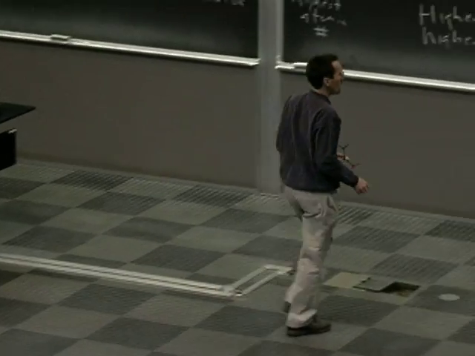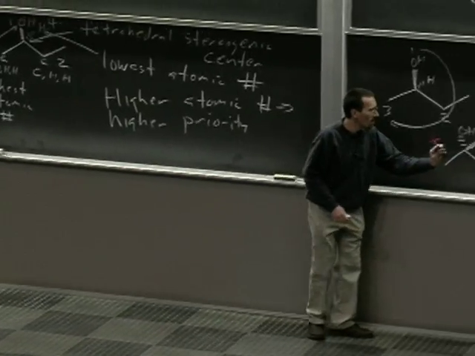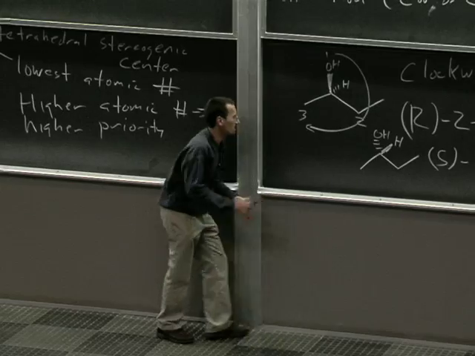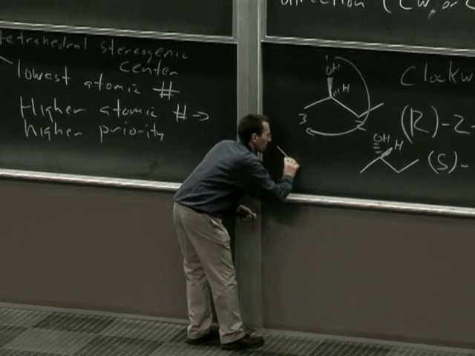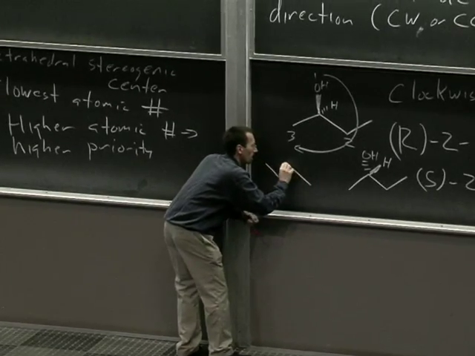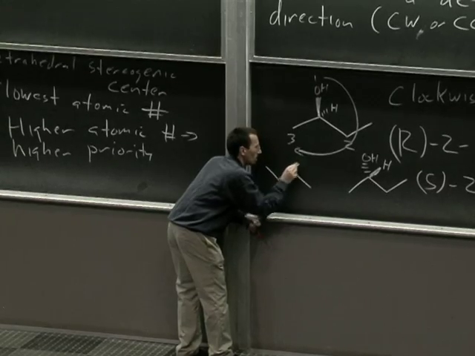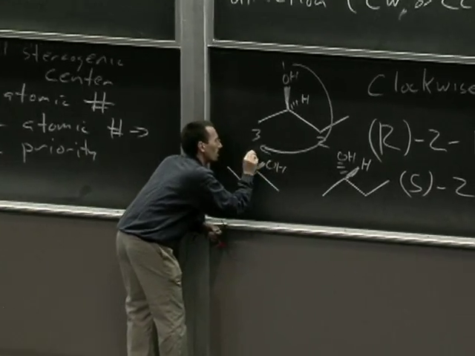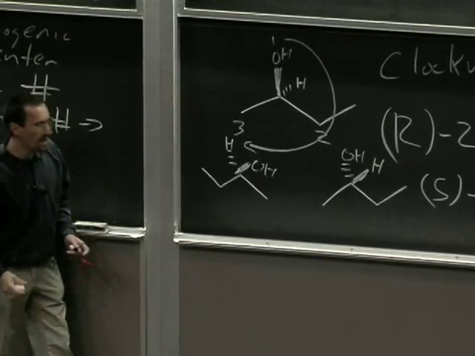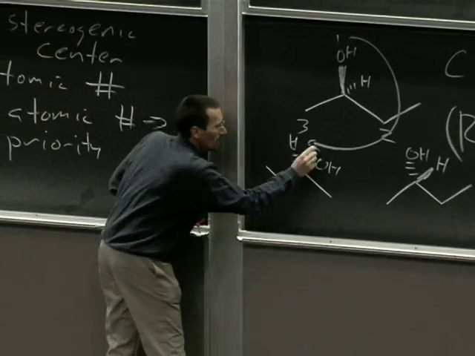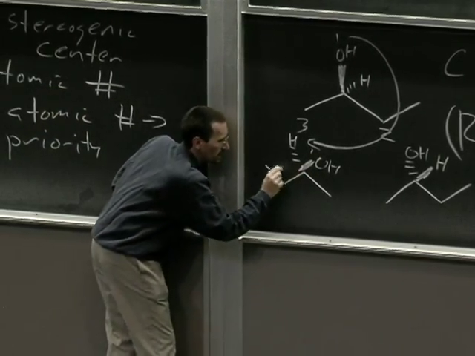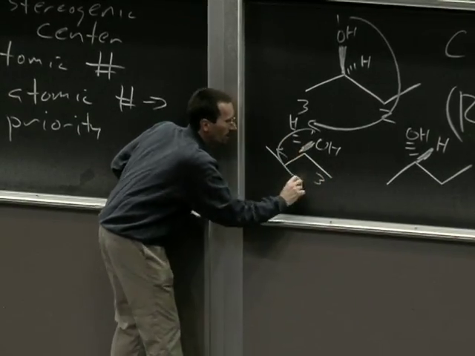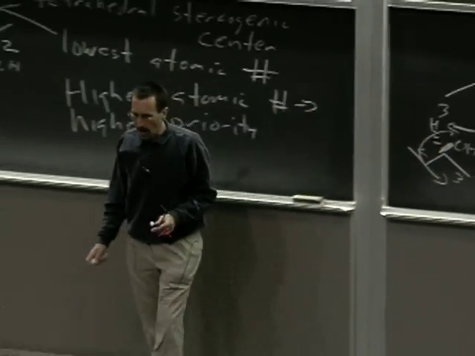So in other words, I can say, all right, I will just spin this around like so. And then, when I've spun it around, I'm sighting down the CH bond, 1, 2, 3, it's counterclockwise.